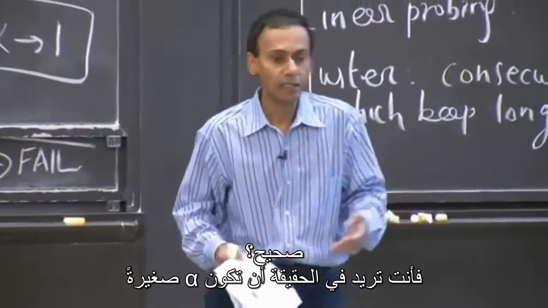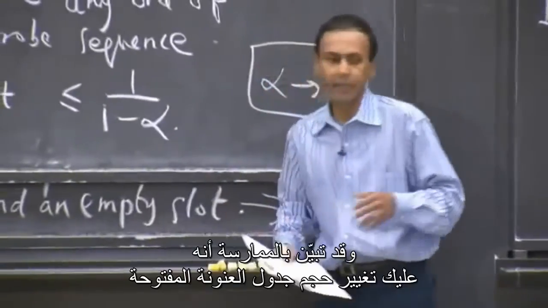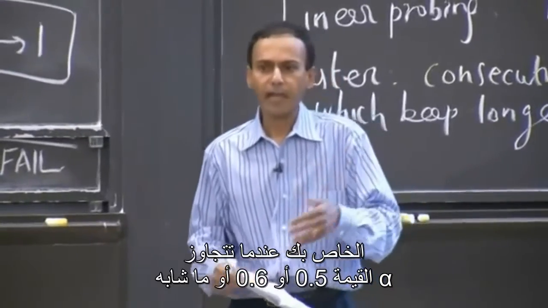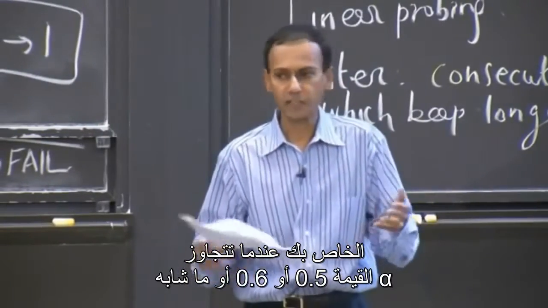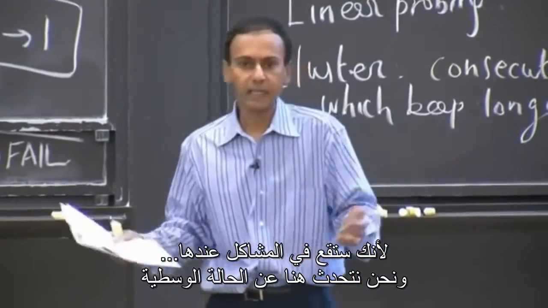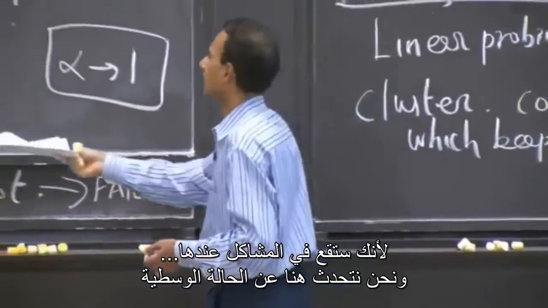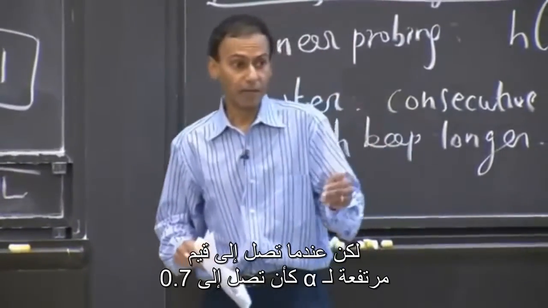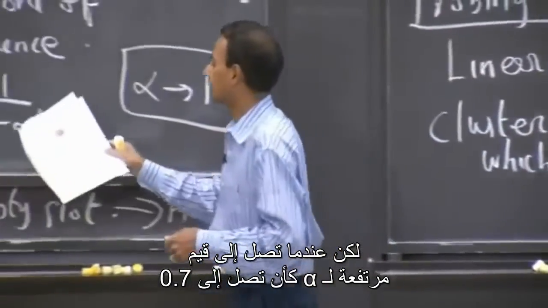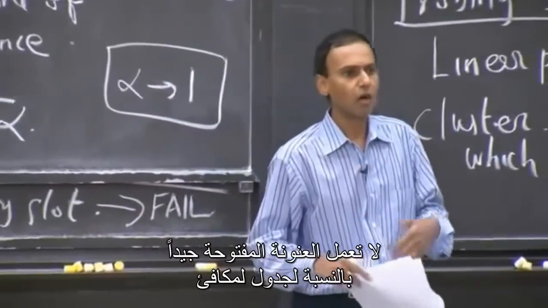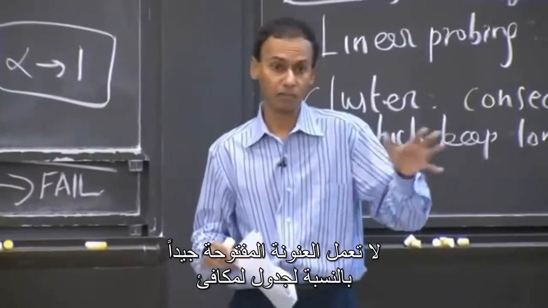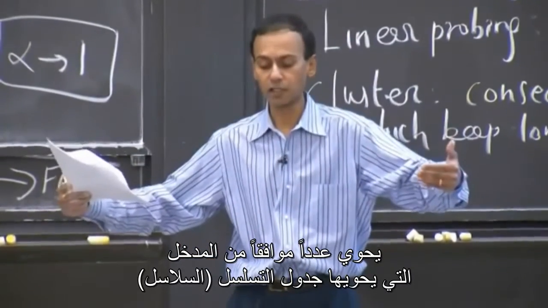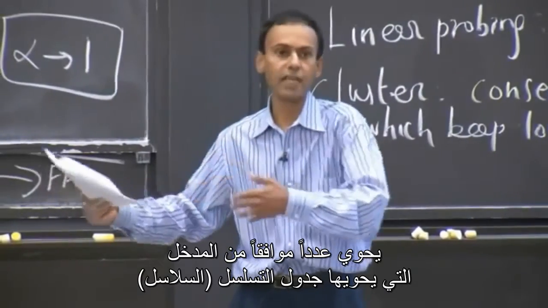So you really want alpha to be fairly small, and in practice, it turns out that you have to resize your open addressing table when alpha gets beyond about 0.5, 0.6 or so, all right? Because by then, you're really in trouble. Remember, this is an average case that we're talking about. All of this is using a probabilistic assumption, but as you get to high alphas, by the time you get to 0.7, open addressing doesn't work well in relation to an equivalent chaining table.